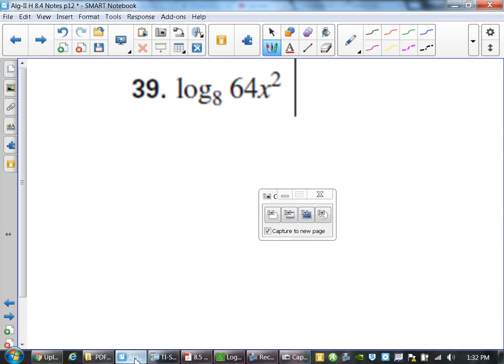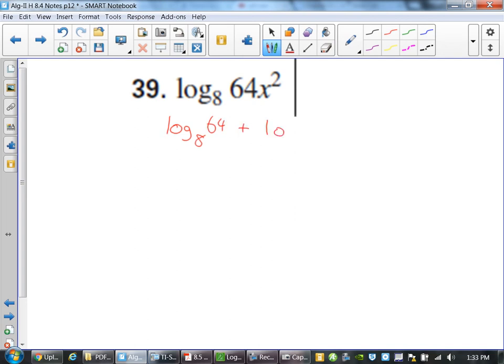If I'm looking at this, guys, I have log base 8 of 64x squared. In this case, you have multiplication as well as an exponent. You're going to have multiple properties put together, and in time you'll be able to shortcut some of this, but I'm going to just rewrite it out. I know that I'm going to get log base 8 of 64 plus log base 8 of x squared.